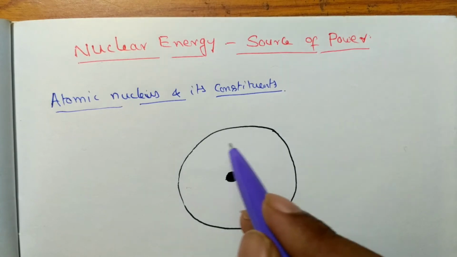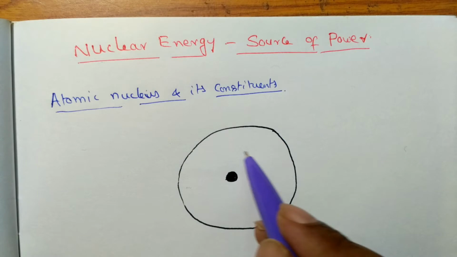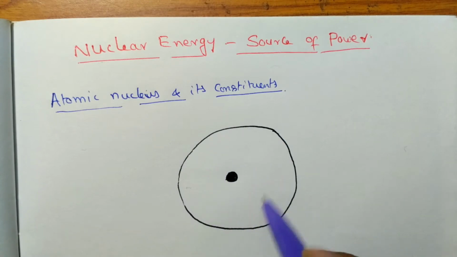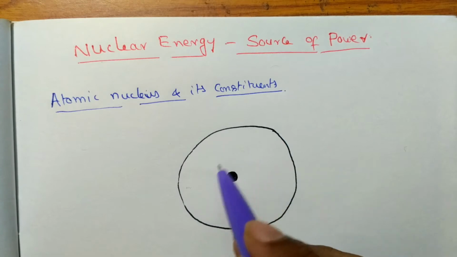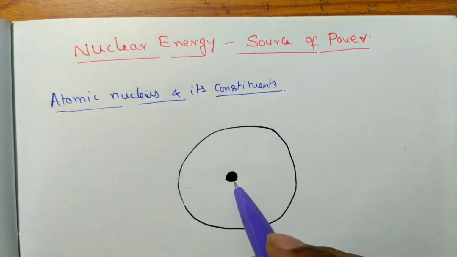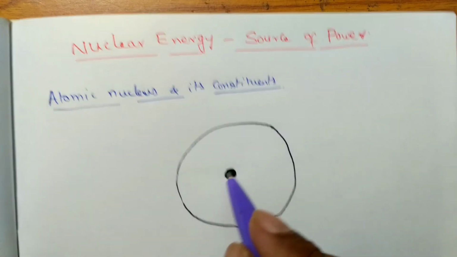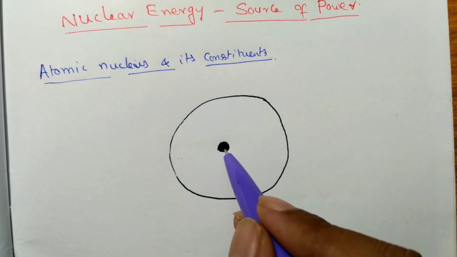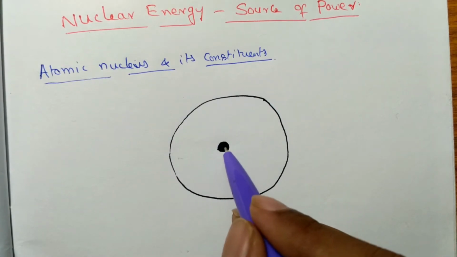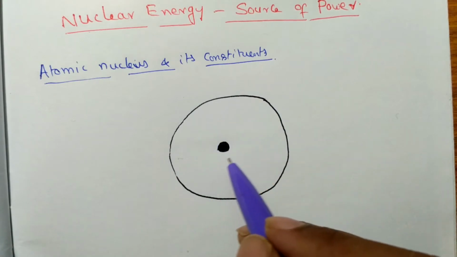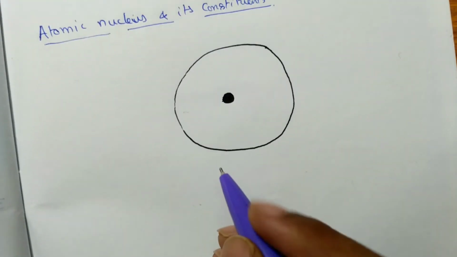The nucleus is surrounded by negatively charged electrons moving in different orbitals. The protons and neutrons in this nucleus are collectively referred to as nucleons. The atomic nucleus is described by different quantities.